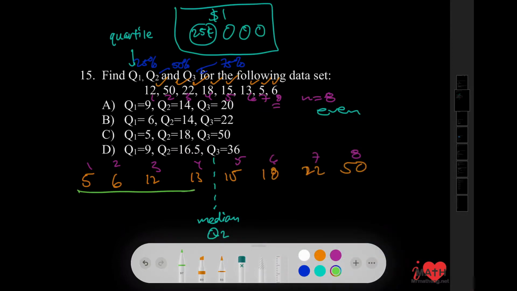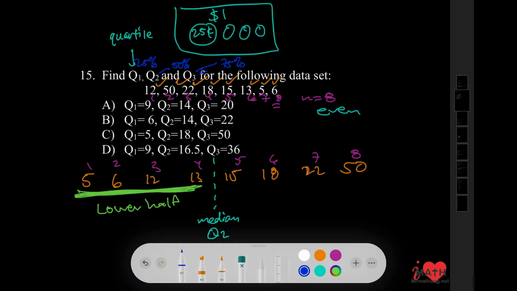If you think about this, over here on the left side, in green, this represents the lower half. And in this lower half, we need to find the median of the lower half. Now, you don't include the median, so even if this was an odd number set, you don't include it.